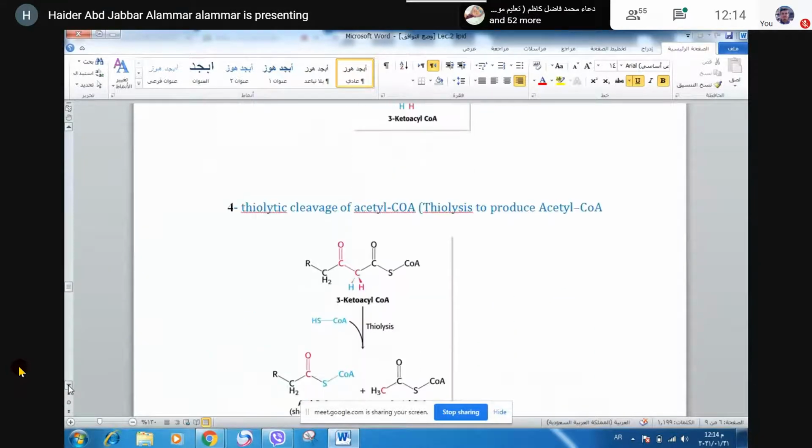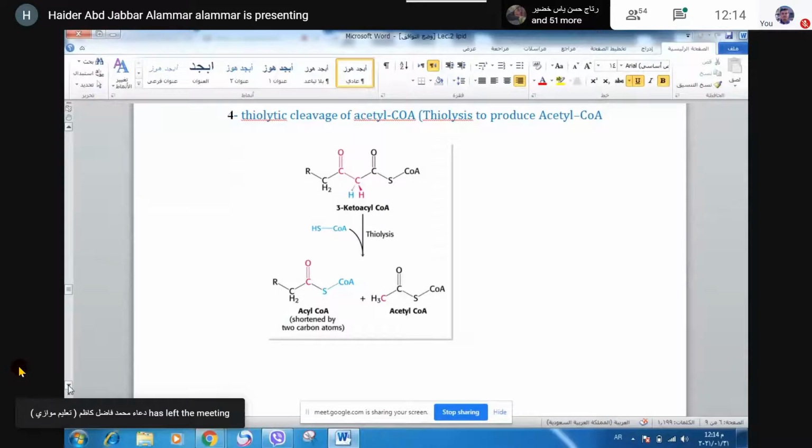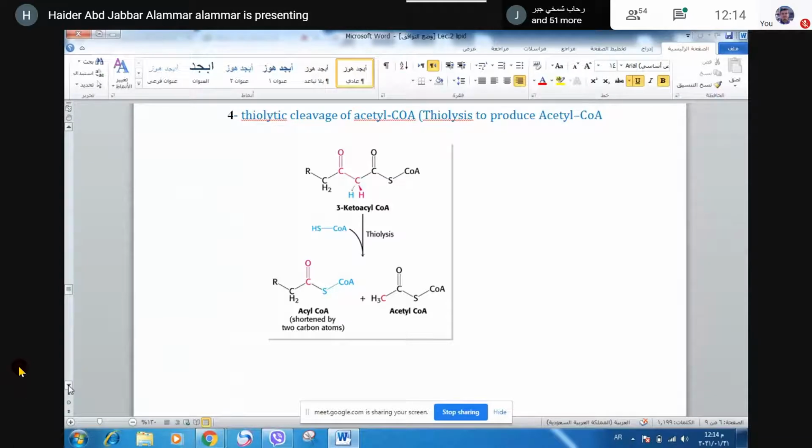The fourth step of beta oxidation is called thiolytic cleavage. What do I mean by it? Of course, you have to know, students, bear with me. Beta oxidation: the fatty acid enters either in even number or odd number, okay? If an even number enters, for example 16, then we get the last step.